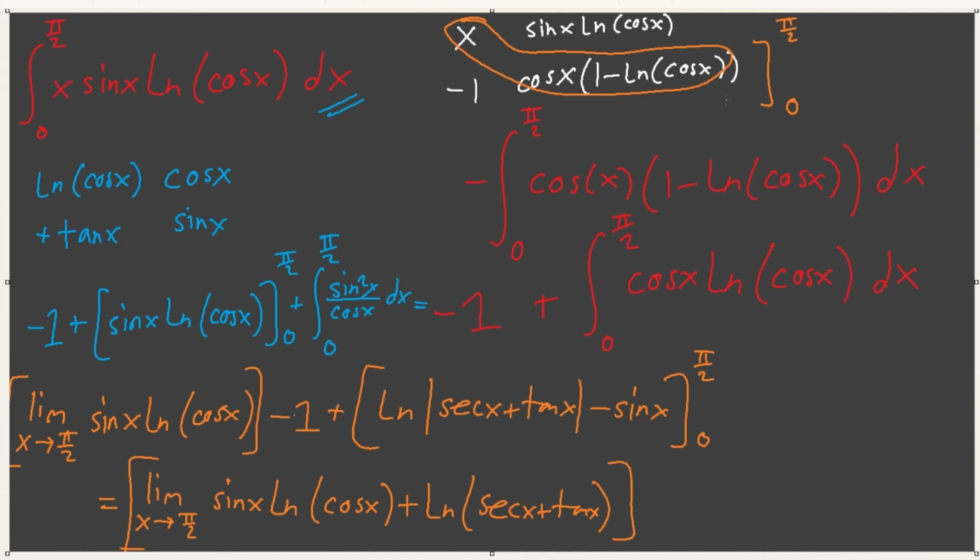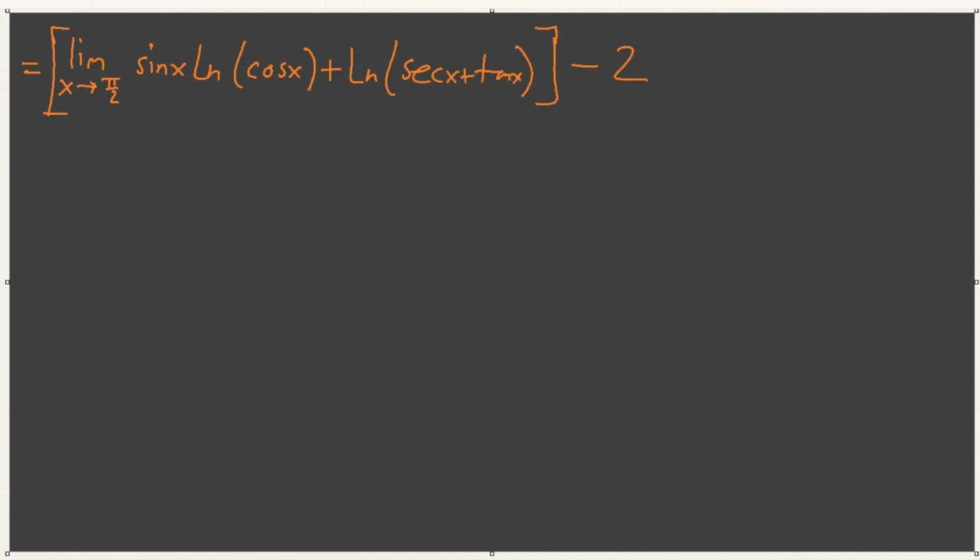That's 1. So we have negative 2. Okay? Alright, let's clean this portion up. Okay. Time to compute the limit. Let's unblock the blocking limit. Limit blocking. Okay. So now this is equal to the limit as x approaches pi over 2.